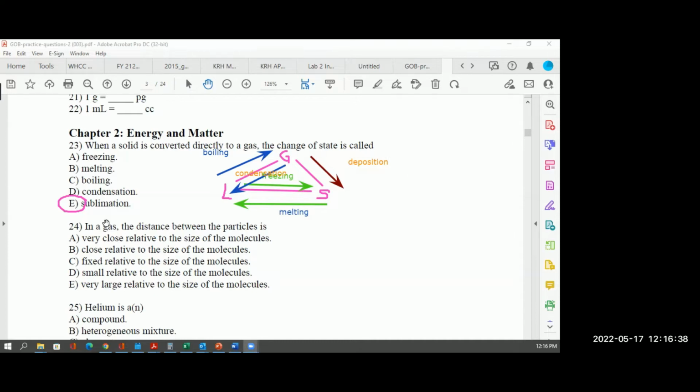Okay, so in a gas, the distance between particles is: A, very close relative to the size of the molecule; B, close relative to the size of the molecule; C, fixed relative to the size of a molecule; D, small relative to the size of a molecule; or E, very large relative to the size of a molecule.